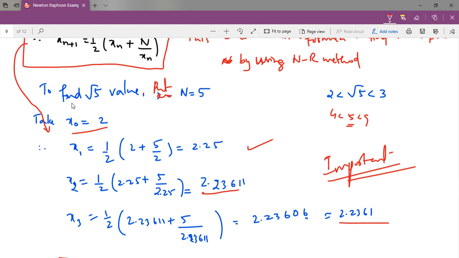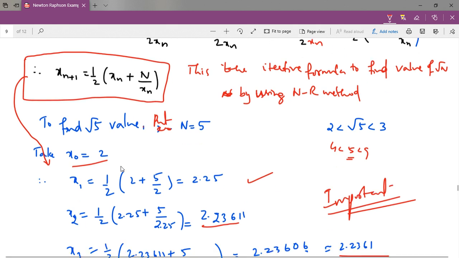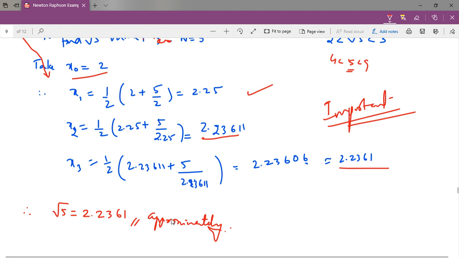For this question we can change root 5; instead of root 5 you can take root 7, root 11, whatever the value. Just what we need to do is obtain this iterative formula. Okay. So next, in place of n substitute the given value and go on iterating, we get the required approximate value. Okay.